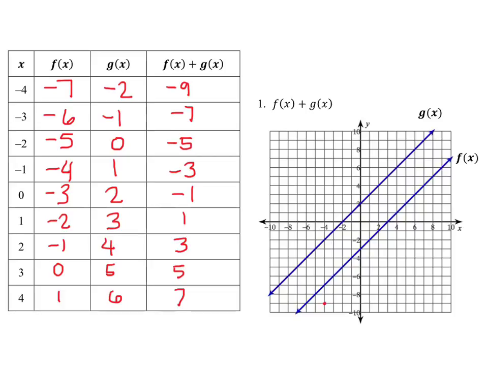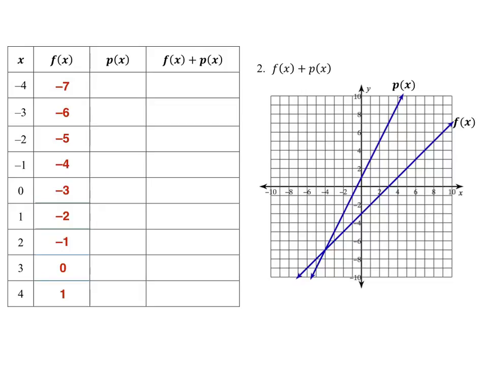So -4 was -9, -3 was -7, -2 was at -5, and then I just continue plotting these points. Once I have these plotted, I'm just going to connect the dots. And this is f of x plus g of x.